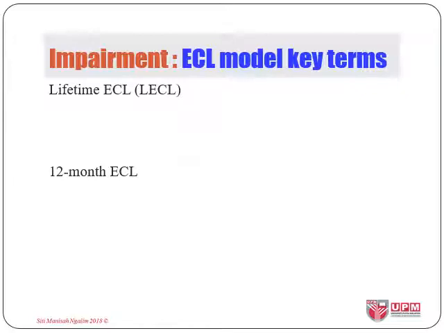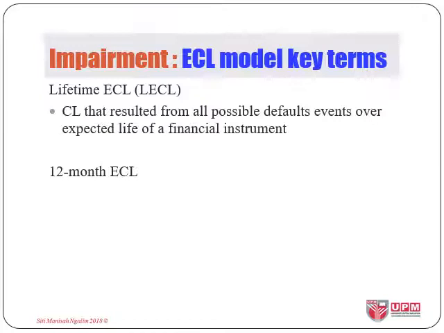The third term is lifetime expected credit loss. This term simply refers to credit loss that is expected to result from a default within the lifetime of the financial assets. If we talk about debt, for example, that would be from the reporting date to the maturity date.